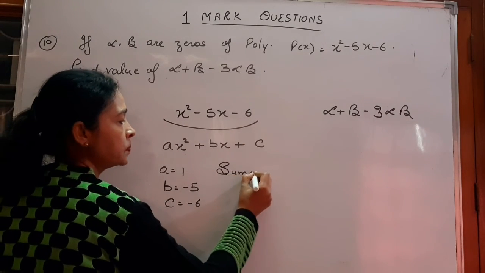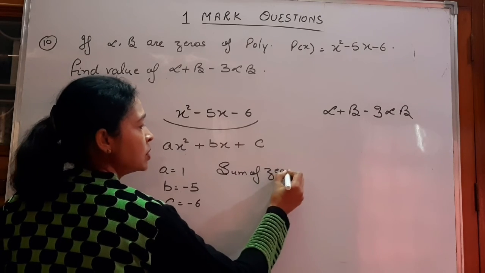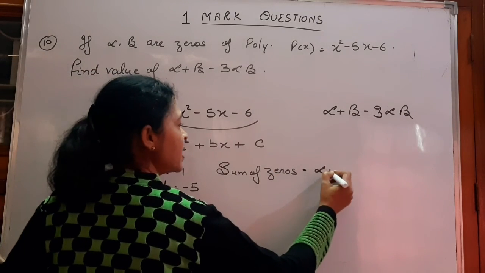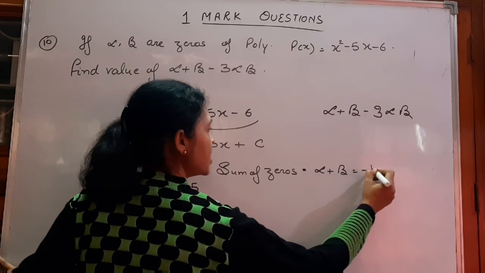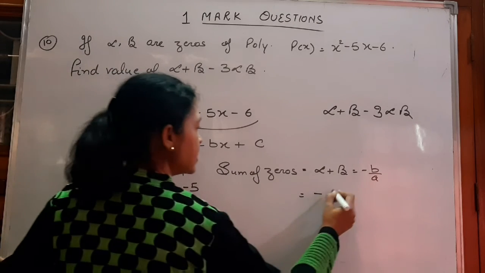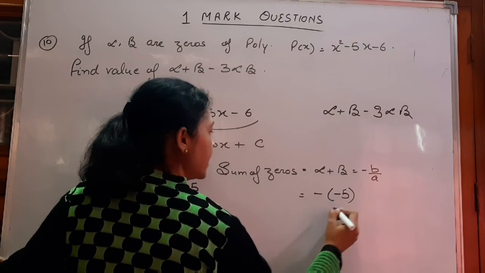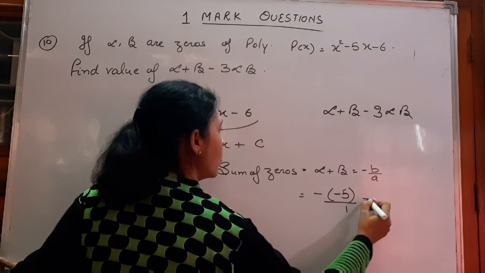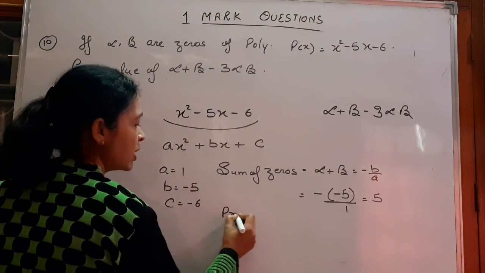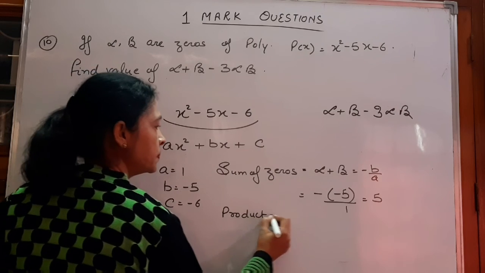What is the sum of zeros? Let we have two zeros, alpha and beta. Sum of zeros, alpha plus beta, equals minus b upon a, and in this case it is minus of -5 by 1, which is 5. What is the product of zeros?